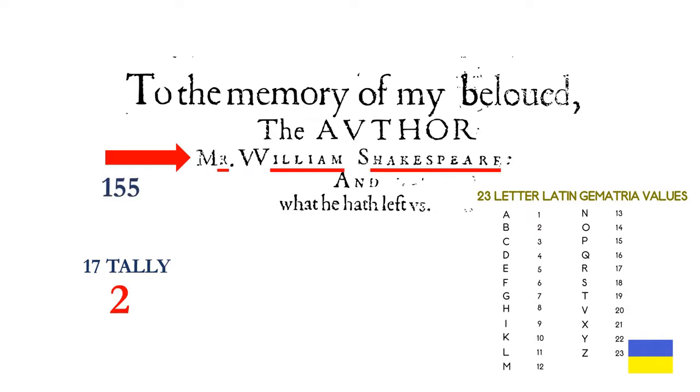If we add up all of the smaller uppercase letters together, we get 155. And as per our rule to subtract smaller sums from larger sums, we do the same here. 155 minus 70 is 85.